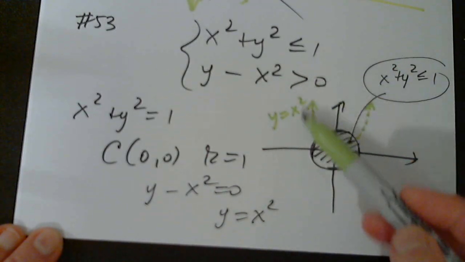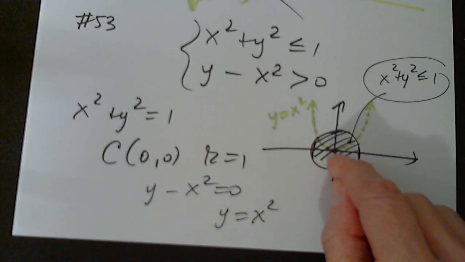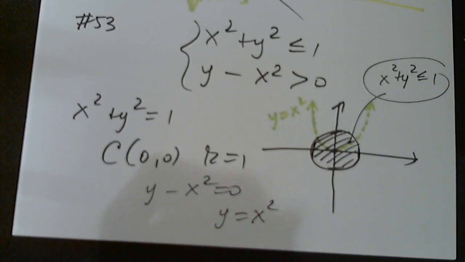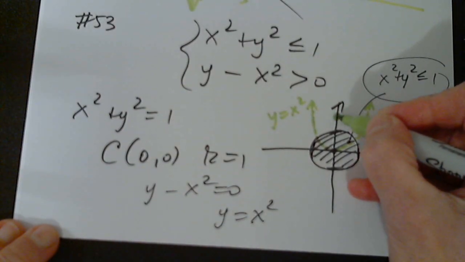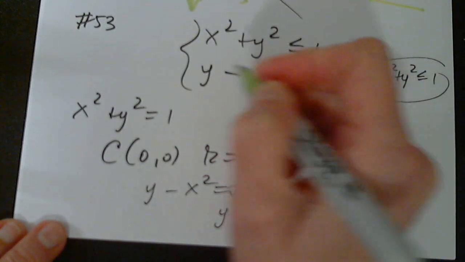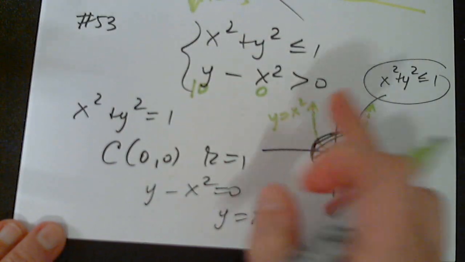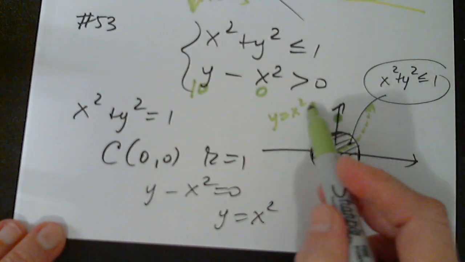It divides the plane into two regions, but I cannot choose the origin to check because it passes through the origin. But I can pick this point, 0, 10. Is 10 greater than or equal to 0? Yes, of course.